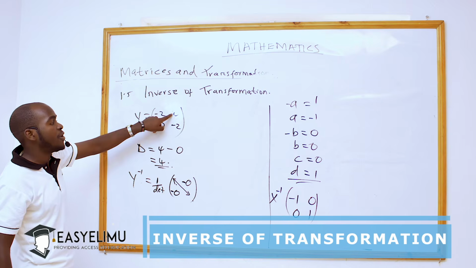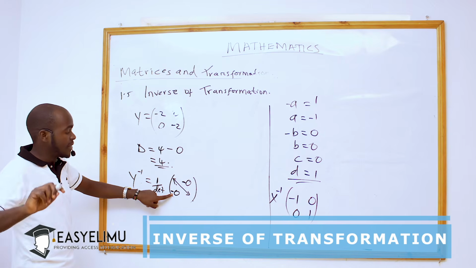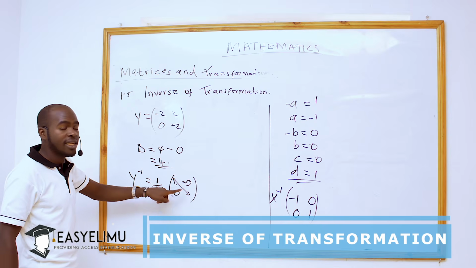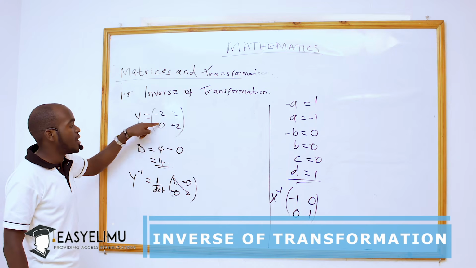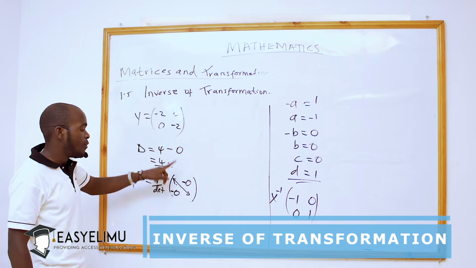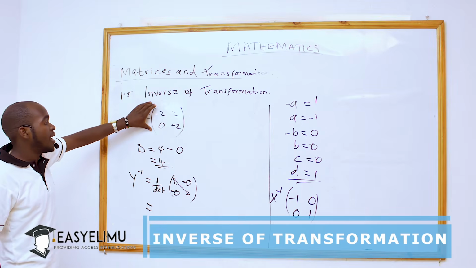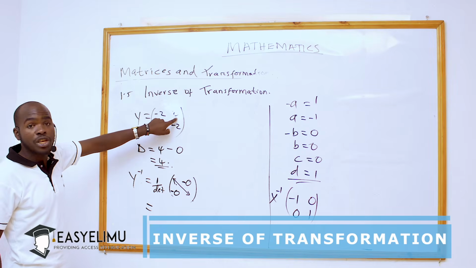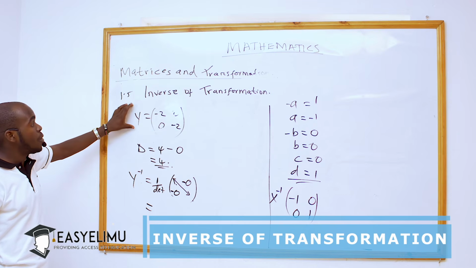If it is positive here, then here you put the other sign, that is negative, after changing the leading diagonal points. And if it is negative here, it will be positive. For instance, let's see what happens. In here, we have negative 2, 0, and we also have 0, negative 2 as our transformational matrix.